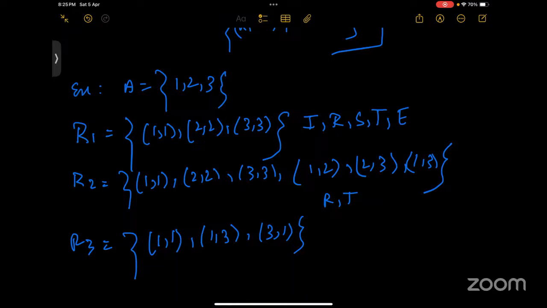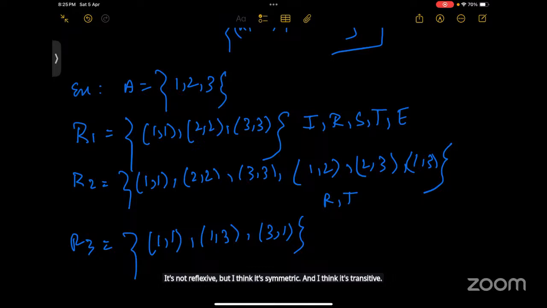Okay. So what about R3? Reflexive and symmetric. Okay, first start with reflexivity. It's not reflexive, but I think it's symmetric and I think it's transitive.